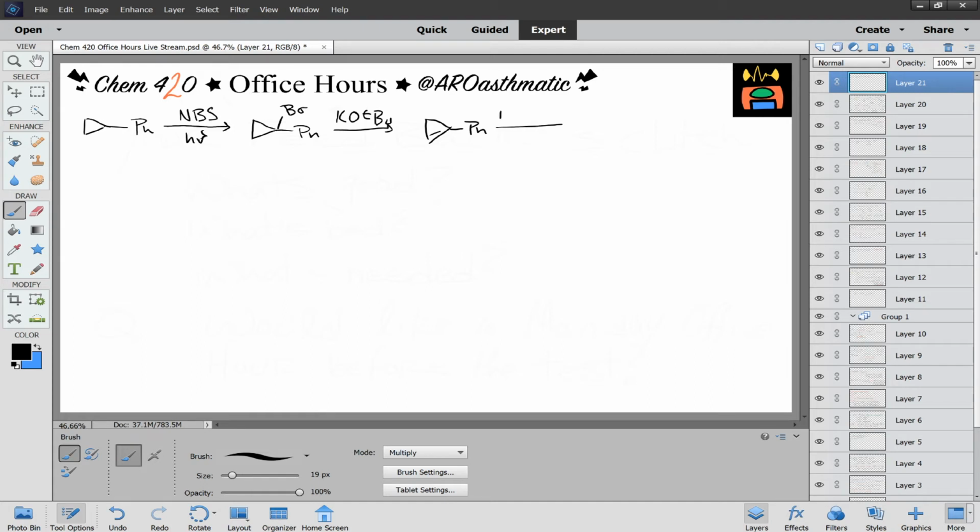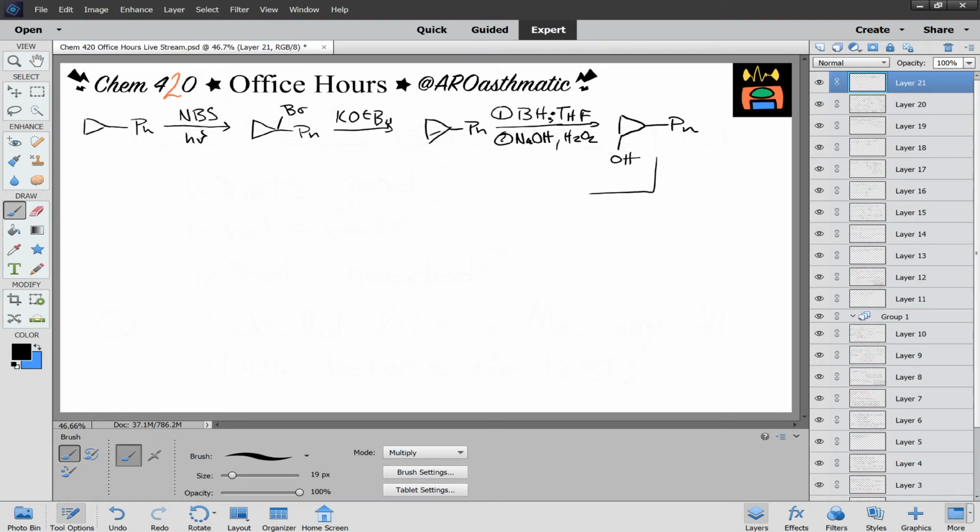Next, we're going to do the anti-Markovnikov addition of water: BH3 and THF, second step, sodium hydroxide, hydrogen peroxide. And this will give us the anti-Markovnikov addition of water.